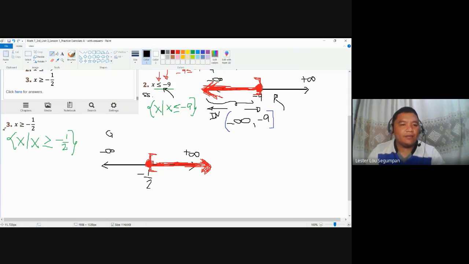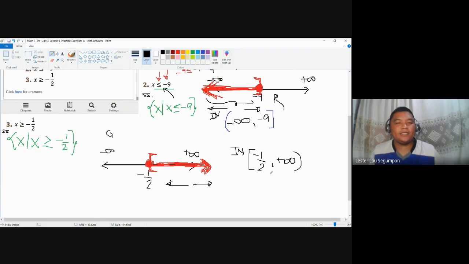And this is our interval notation. The leftmost value is negative 1 half. The rightmost value is positive infinity. Separate them by a comma. Infinity is always open, and this one, negative 1 half, is a bracket due to this symbol here.